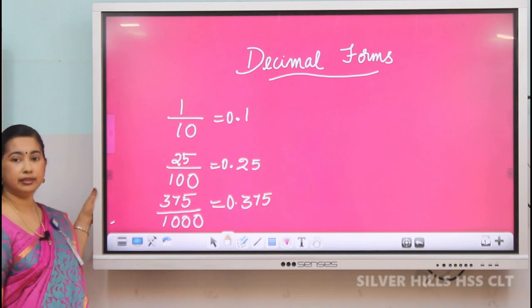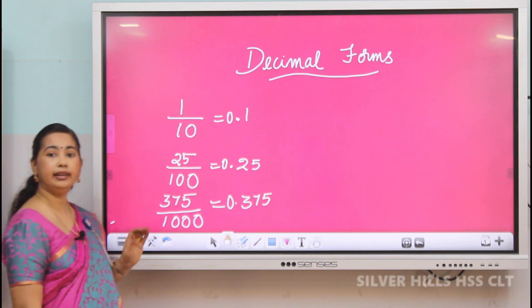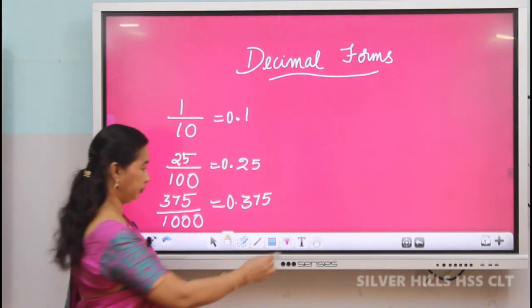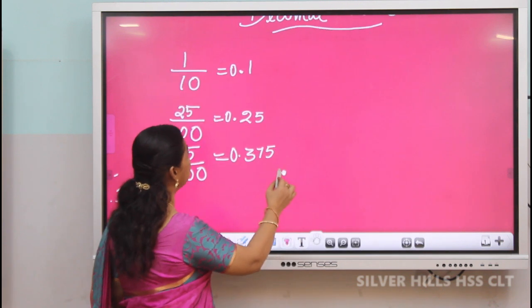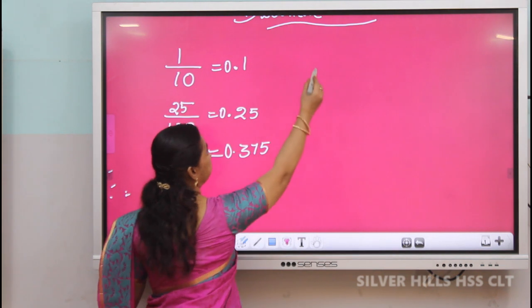But in a fraction, not only powers of 10, 100, 1000, etc. will be the denominators. There will be fractions with other denominators. Let us take some other example. Let it be 1 by 2.